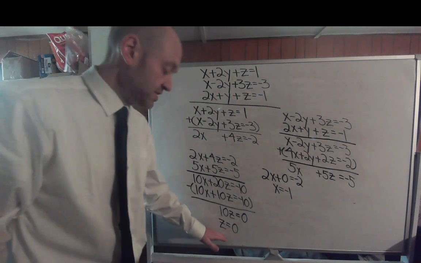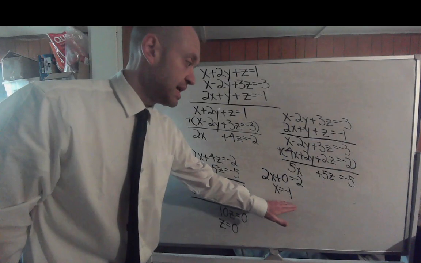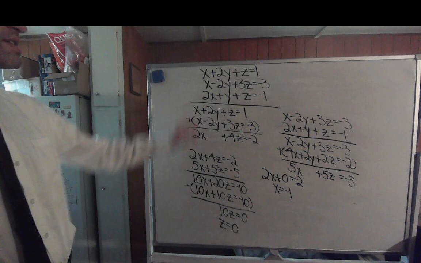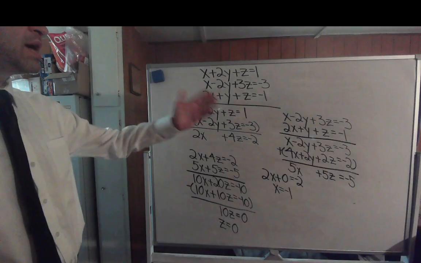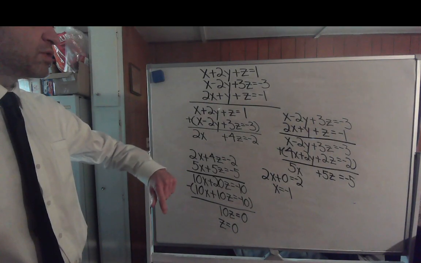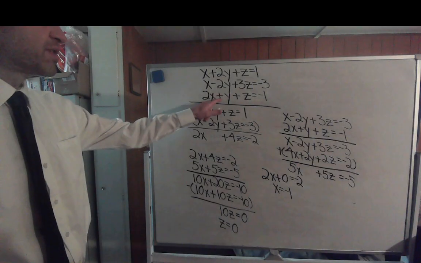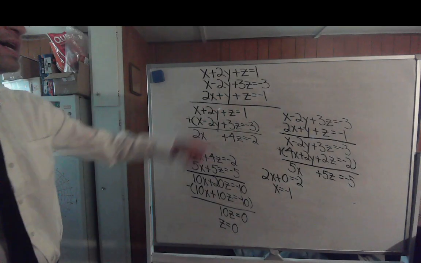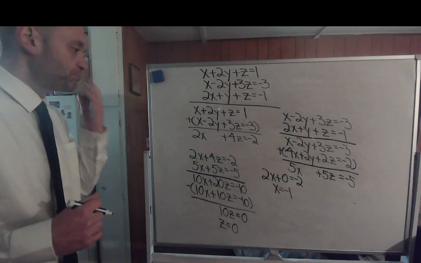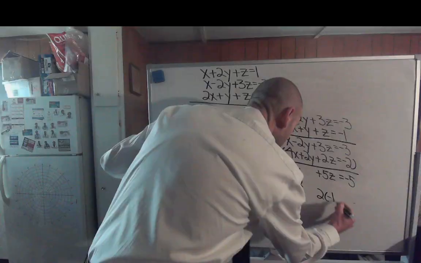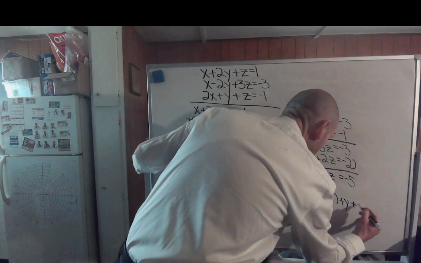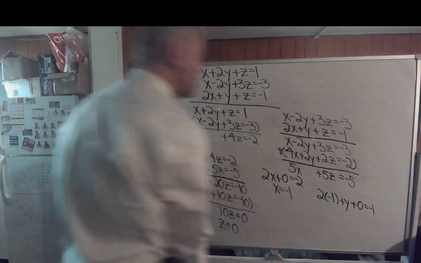So now we found z to be 0, and we found x to be negative 1. Now we just have to plug these into one of these three equations and solve for y. Why don't we go for the third one? I like the looks of that because we can get a more direct answer for y since it's positive 1. So we'll have 2 times negative 1 plus y plus z, which is 0, equals negative 1.